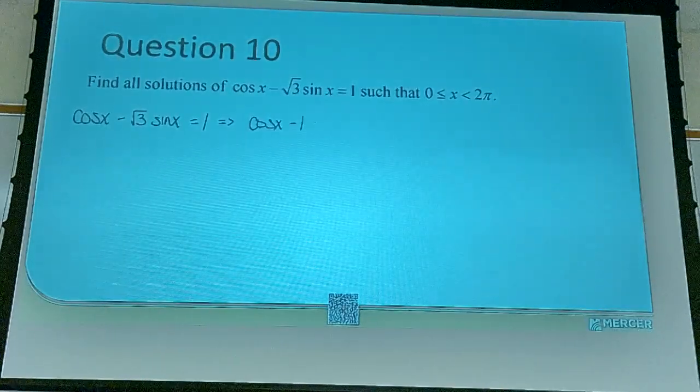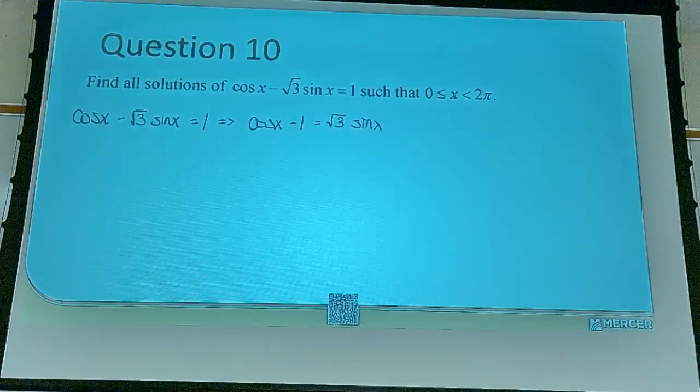I'm going to stick with how I did it in my notes, but you could also just have cosine of x equals 1 plus root 3 sine x, and then square both sides.